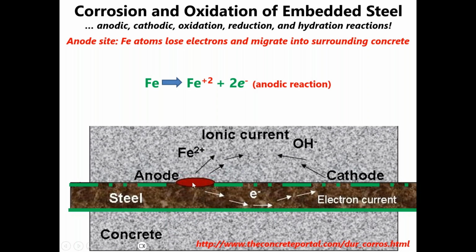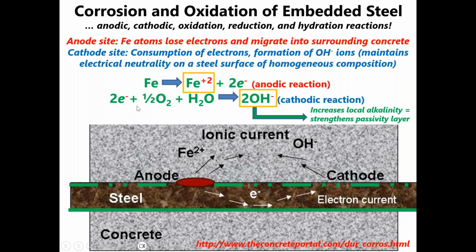What happens in those holes where the passivity layer is removed is we have an anodic reaction, where the iron is being oxidized. Okay, the loss of electrons, and those electrons are released into the concrete.